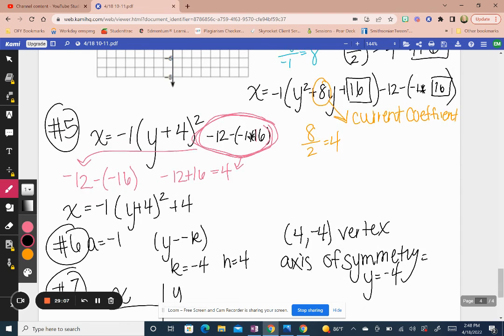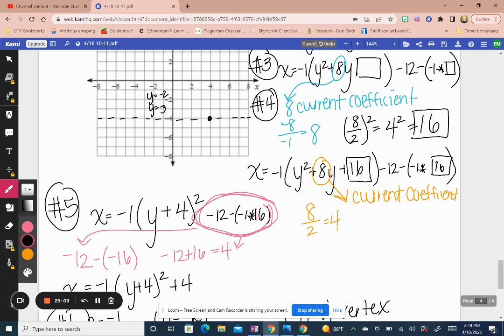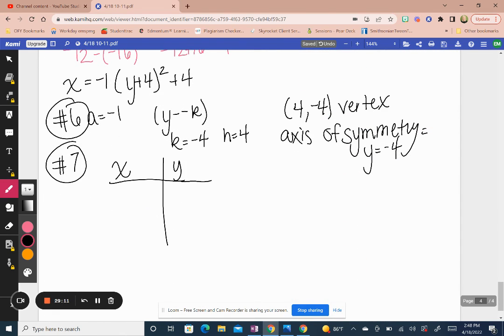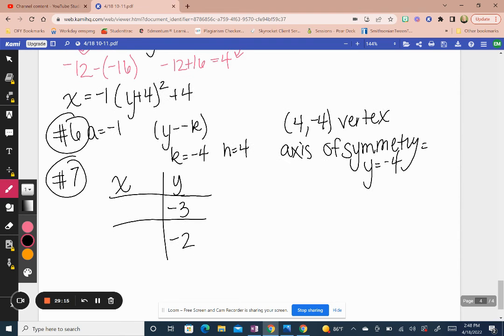Okay, so if my y is negative 3, put it in this equation up here. So x is equal to, for this one, negative 1, parentheses, negative 3 plus 4 squared plus 4.